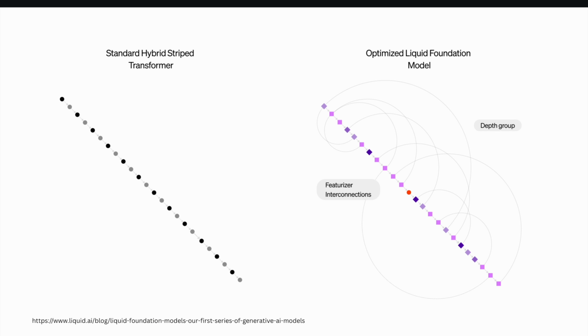And the other kind of innovation, I would say, is that in standard hybrid transformers, we know that data goes through the whole model in a sequential manner. But again, if you think about it, that's technically not how we humans think or behave. It's not the same pipeline, not the same way of thinking for everything.